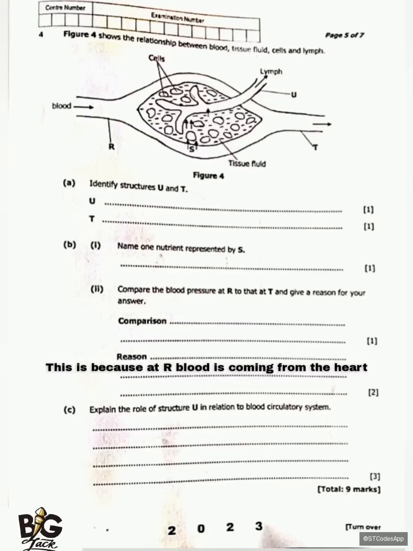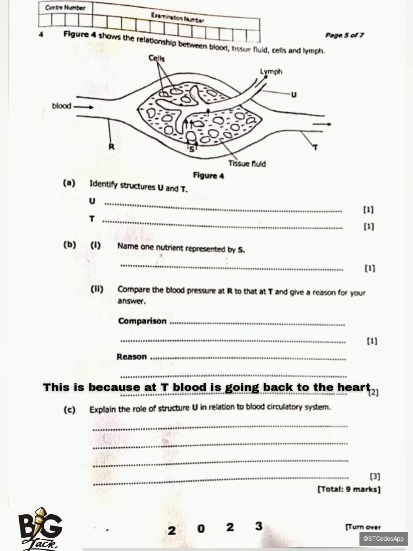Then as for T, this is because the blood is going back to the heart. Then question C reads, explain the role of structure U in relation to the blood circulatory system.